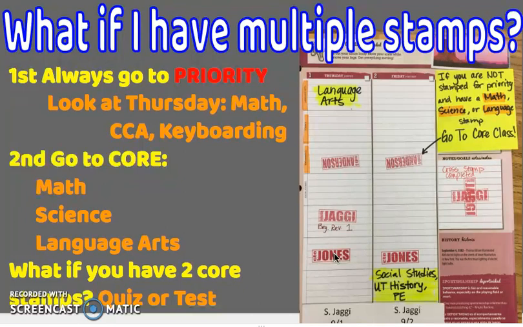Check to see if it's a priority. If it's not a priority, check to see if there's a core class involved. And lastly, if there's no core class involved and it's not a priority day, then as a responsible student, based on what you need, you'll determine where you'll go for reach that particular day based on the scenario that we just talked about. Again, if you have questions, please ask. Please, please ask.